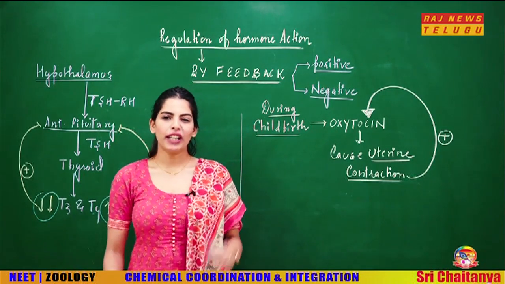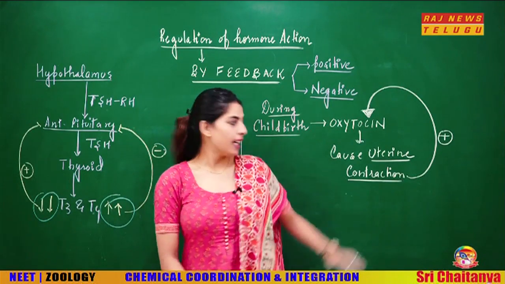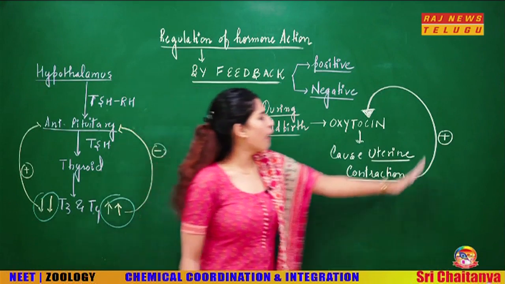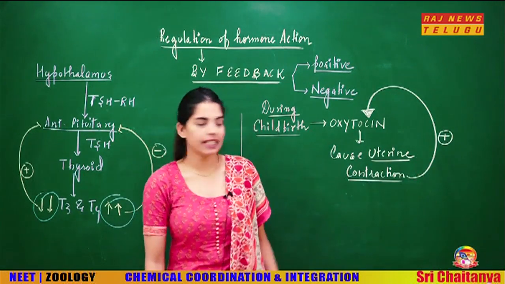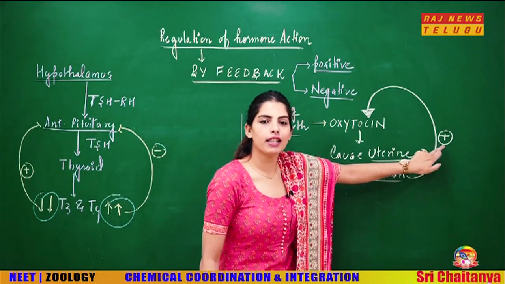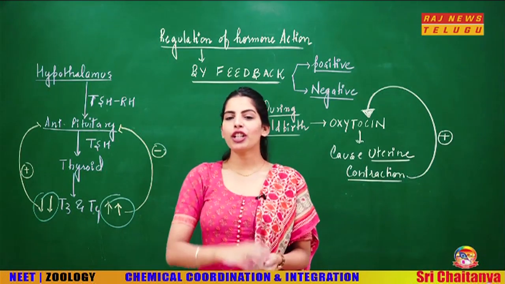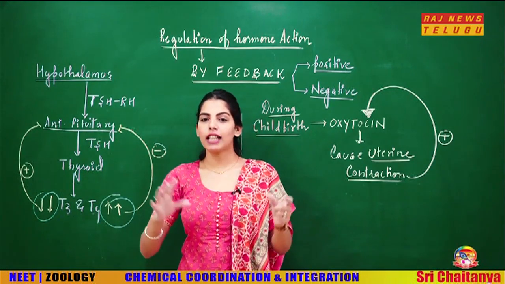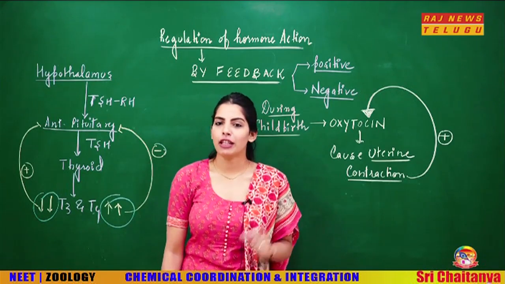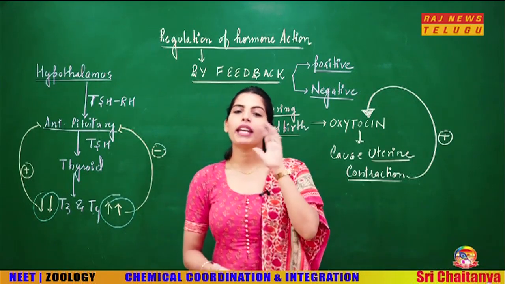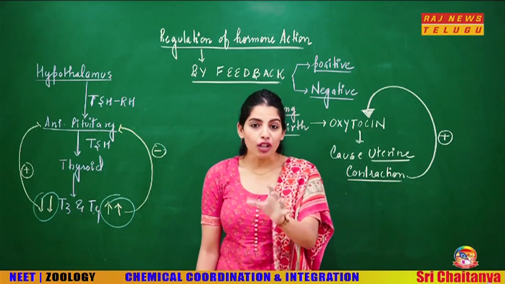But do you know, when there are vigorous uterine contractions due to oxytocin, those uterine contractions further stimulate more and more oxytocin release by giving a positive feedback. That means all the hormones are going to be regulated via positive and negative feedback. In this way, we end this very beautiful chapter.